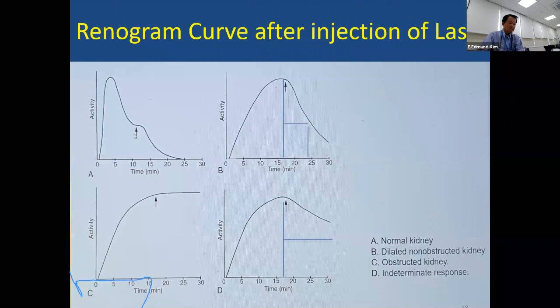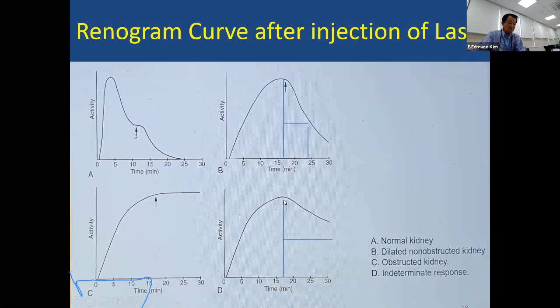Maybe I'll explain it. After Lasix injection, if this goes up, that's a complete mechanical obstruction. If this goes down, that could be partial mechanical obstruction or functional obstruction. So how do you separate partial mechanical obstruction versus functional obstruction?